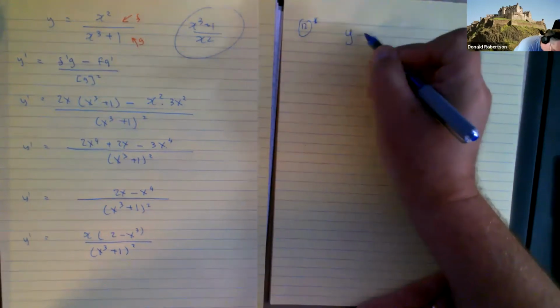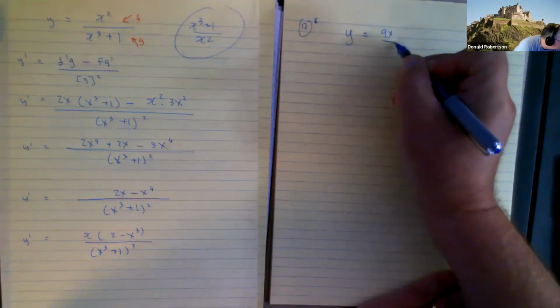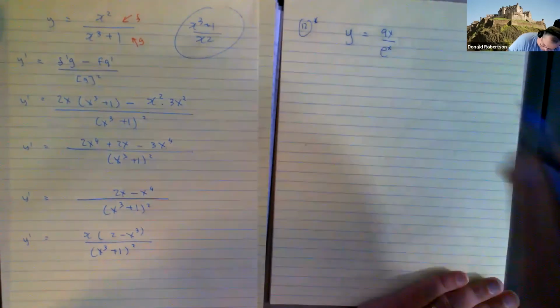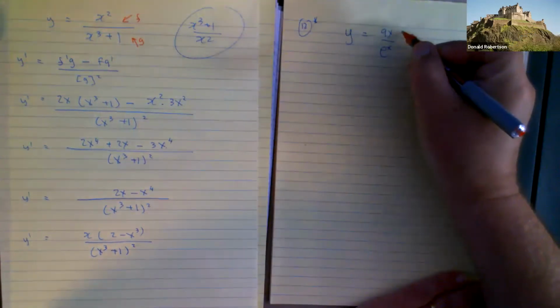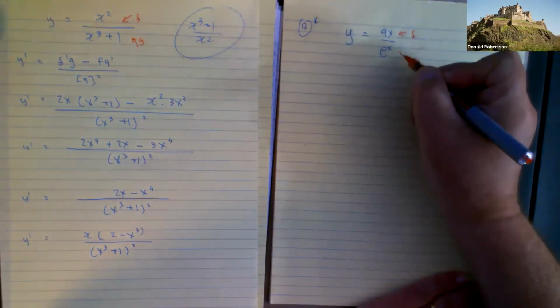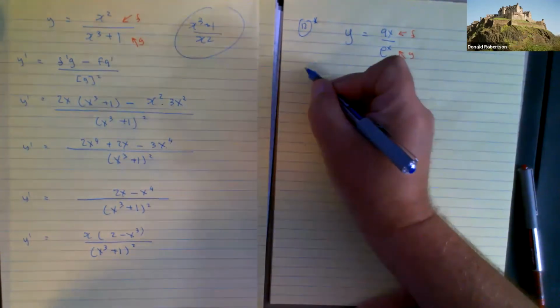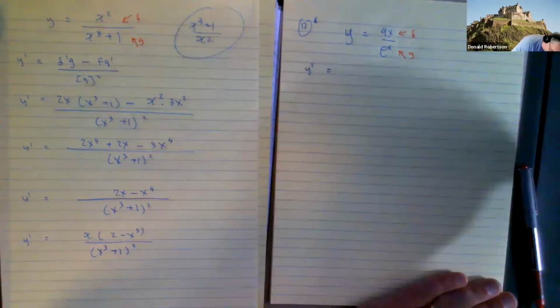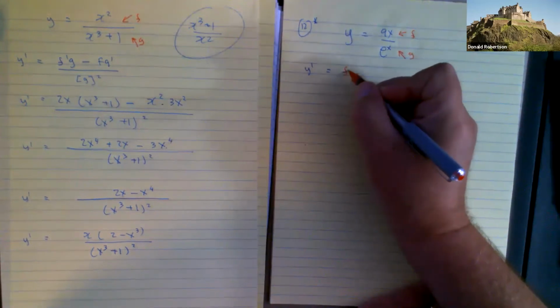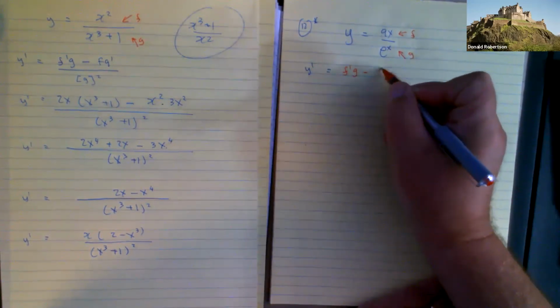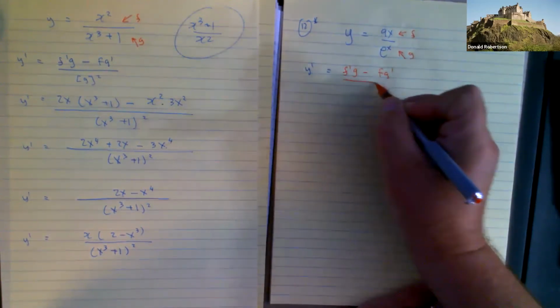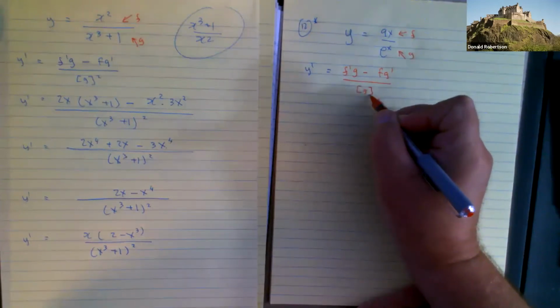We have y equals 9x over e to the x. So this is going to be called f. This guy's going to be called g. And so the derivative is going to be f dash g take away f of g dashed, all over g squared.